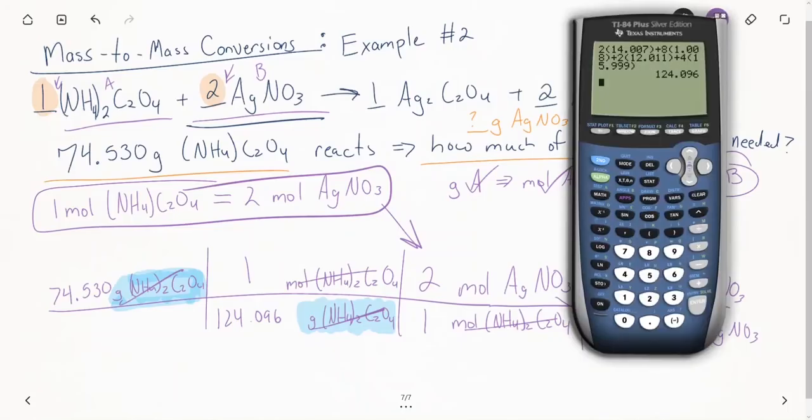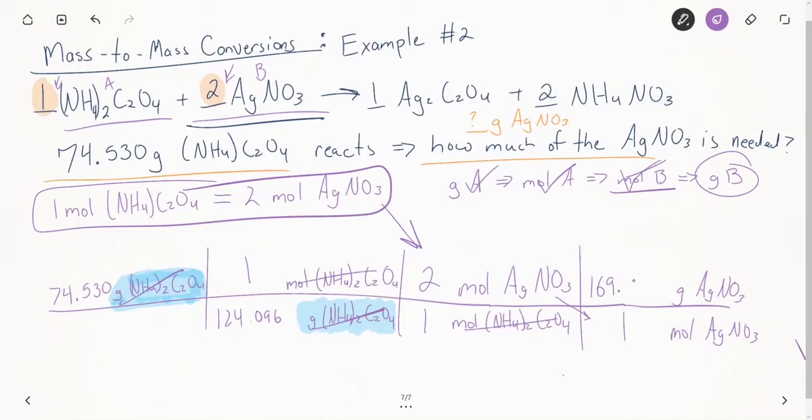So I need to quickly hop over to my calculator. For silver, 107.87, there's just one of those, plus a single nitrogen plus 3 oxygens, 169.874 grams.